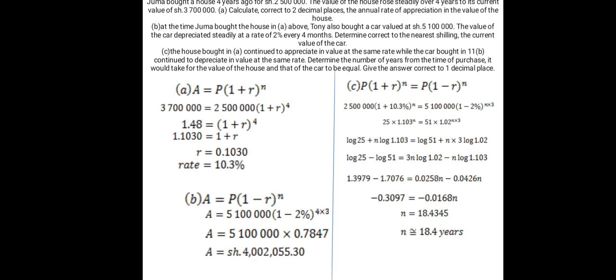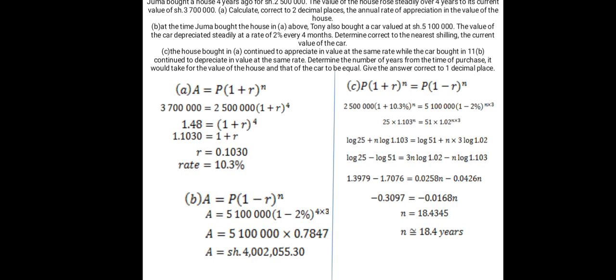B. At the time Juma bought the house in A above, Tony also bought a car valued at 5.1 million shillings. The value of the car depreciated steadily at the rate of 2% every 4 months. Determine, correct to the nearest shilling, the current value of the car.